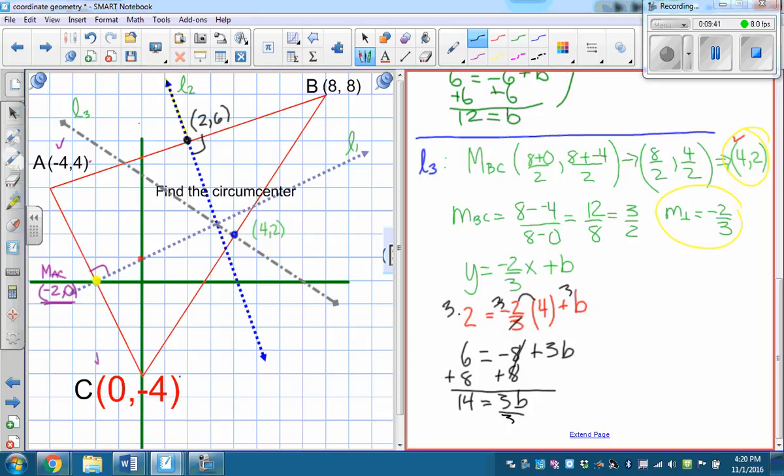Divide by 3. So b is 14/3. So the equation is y equals negative 2/3 x plus 14/3. That's my third equation.